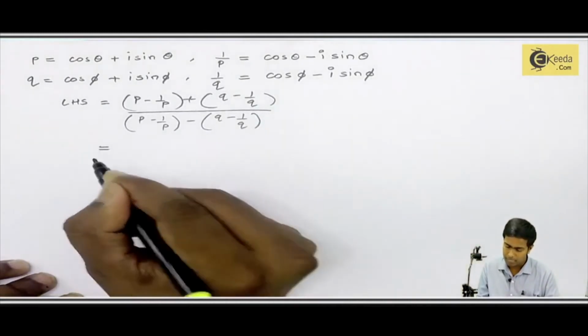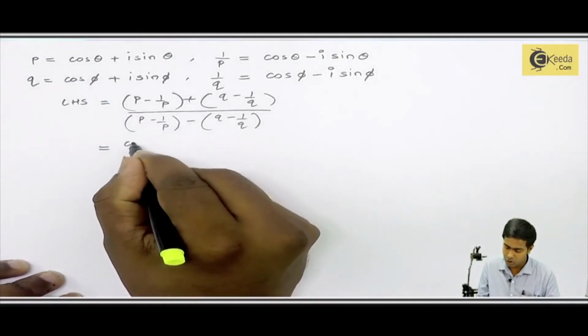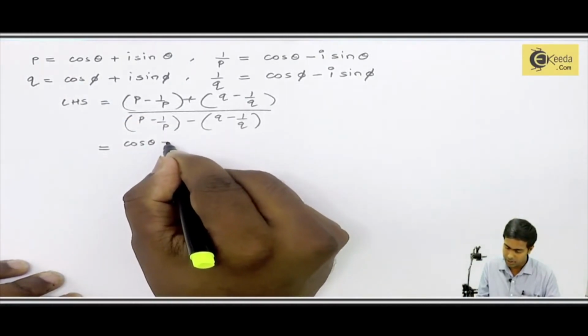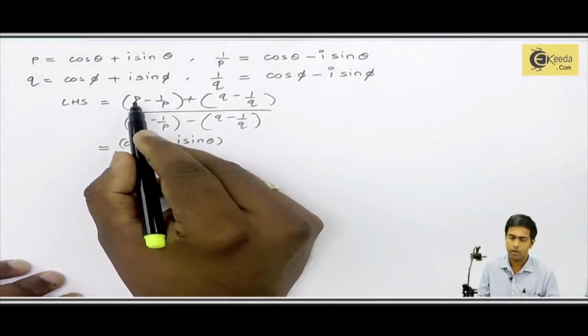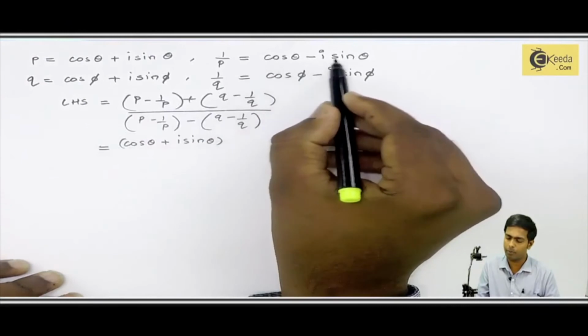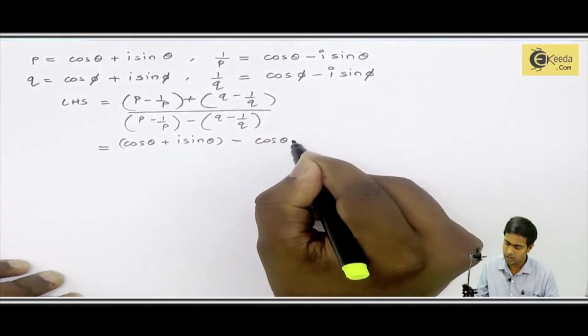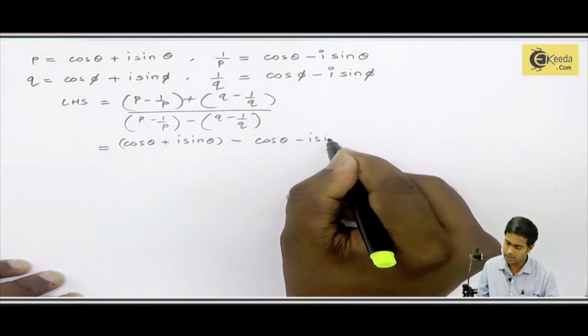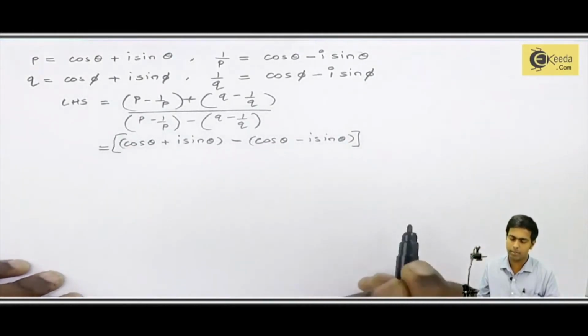So we will get P, that is cos theta plus i sin theta, this is the value of P, minus 1 upon P. 1 upon P is this, so I'll get minus (cos theta minus i sin theta), both values inside a bracket.